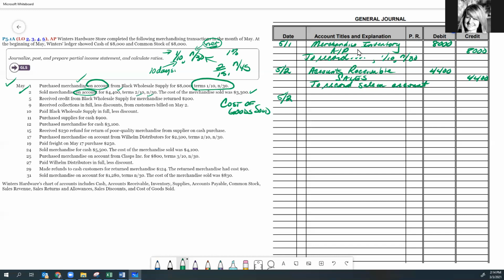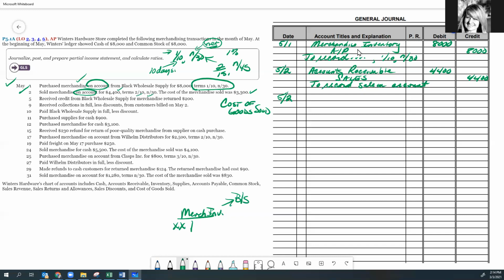So we now have sold this merchandise. Keep in mind, when we buy merchandise, like we did here on 5-1, when we buy inventory, we debit that account and credit cash or credit accounts payable. And so the merchandise inventory is an asset, so it goes on our balance sheet.